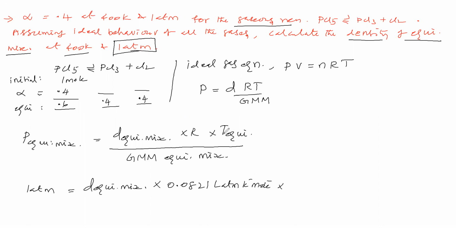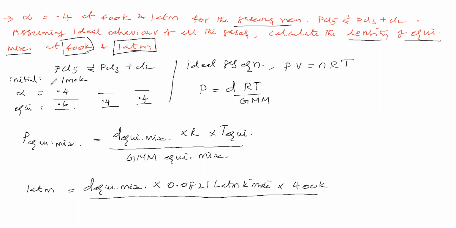Temperature of the equilibrium mixture is 400 Kelvin, divided by the gram molecular mass of the equilibrium mixture. On substituting it, we can find the density. How to get the gram molecular mass of the equilibrium mixture, we will see.